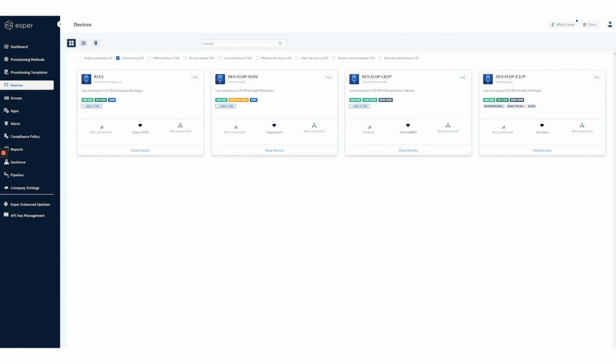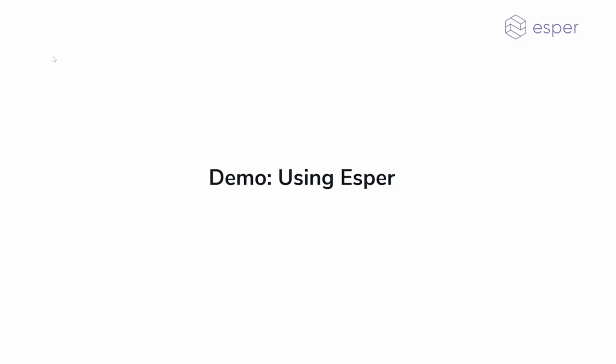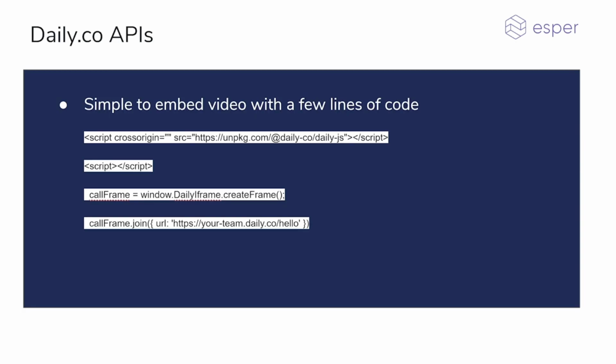So there you go. This shows you the power of Esper. We've incorporated it in the UI, but we've also provided an API, and the API was demonstrated using the command line interface. Talk a little bit more about what this API we used.